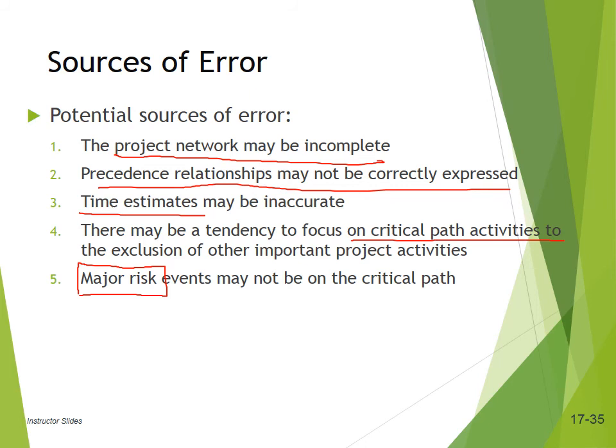So in PERT, we don't consider that risk, and that might lead to a big disaster. That risk can be in a non-critical path, but finally that path not only becomes critical, but it exceeds the length of the critical path, and in that case, the whole project would be delayed.